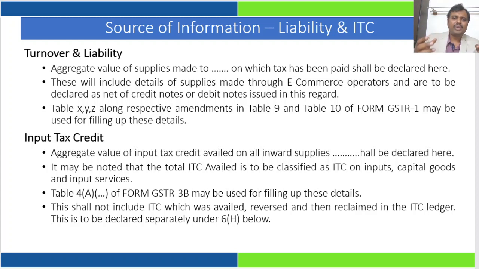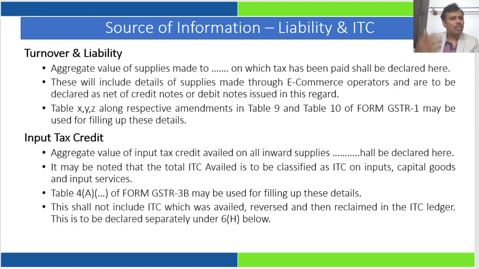For some reason, if you have not availed an input tax credit through your 3B, table 4A, which talks about various subcategories under which an input tax credit can be availed, you cannot disclose that information in GSTR 9 now. Or you realize that you have wrongly availed a credit, you have extra availed a credit, you cannot change that credit now in GSTR 9. In GSTR 9, you would only be reporting whatever credit has been availed.